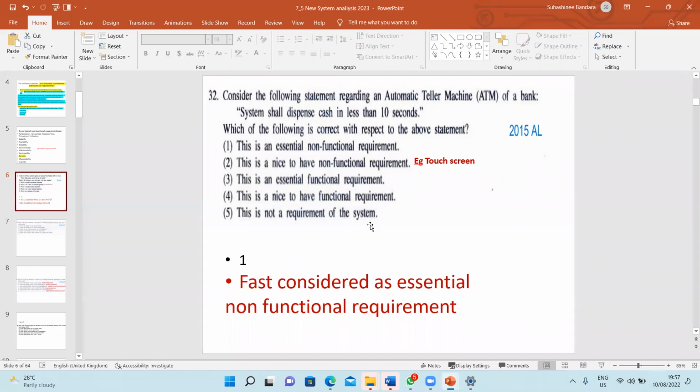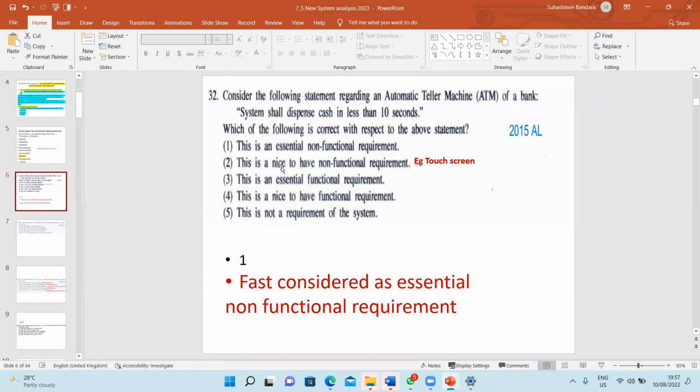Why? It is not a nice to have, it is essential. If it is delaying around 2 or 3 days, then obviously we don't like it.